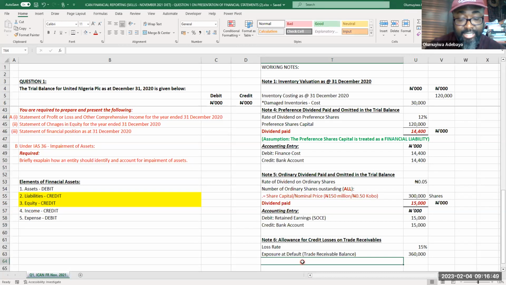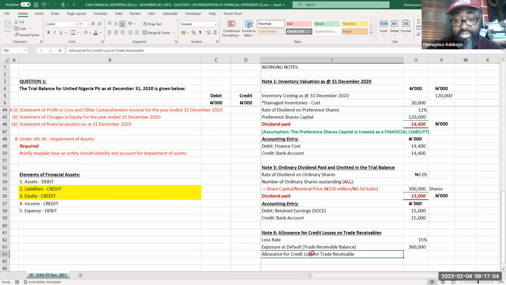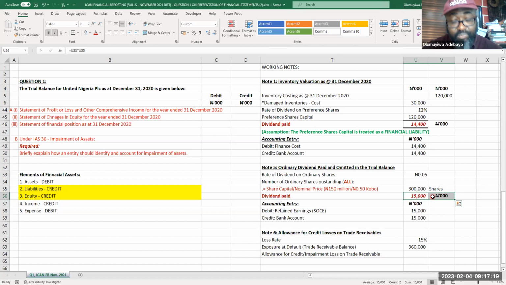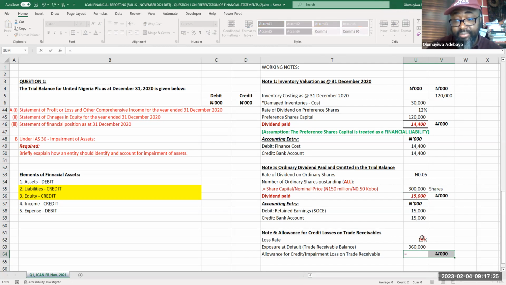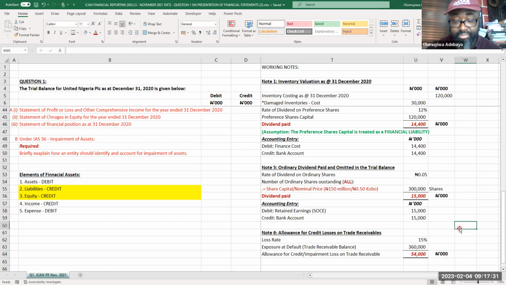Which means that my allowance for credit losses on trade receivables, which is simply impairment losses, is what? 15% multiplied by 360, and that's 54 million.